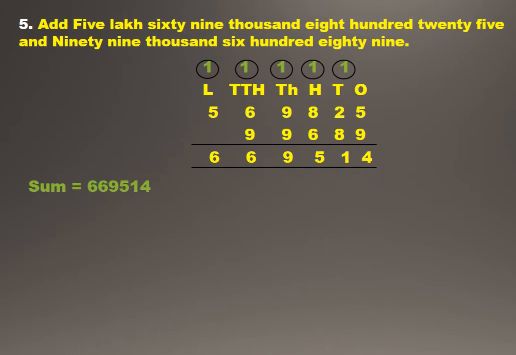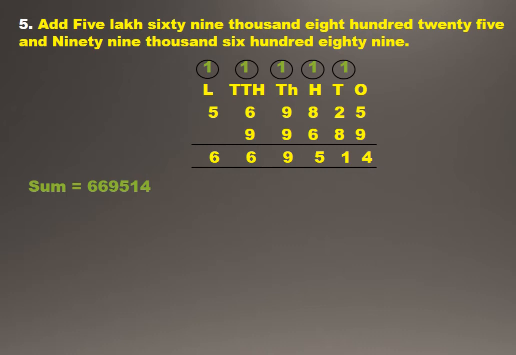One more question I have taken from your book, exercise 3.2, question number 5. Question is, add 5,69,825 and 99,689. Read this question carefully, change it into figures and add the numbers.